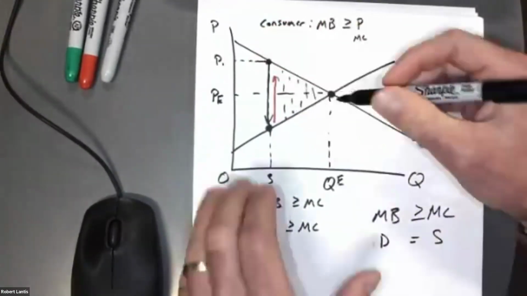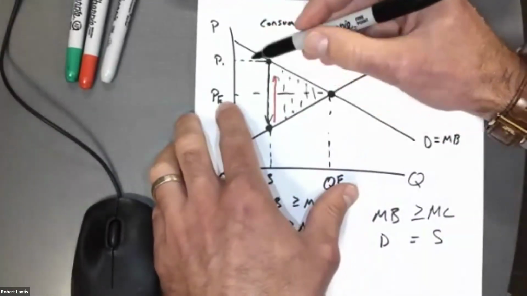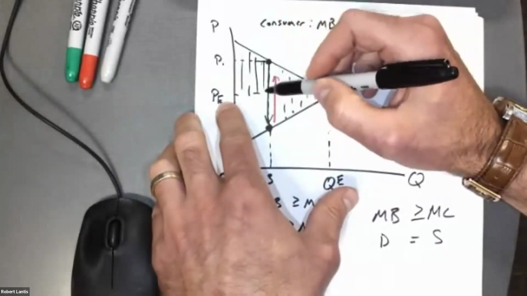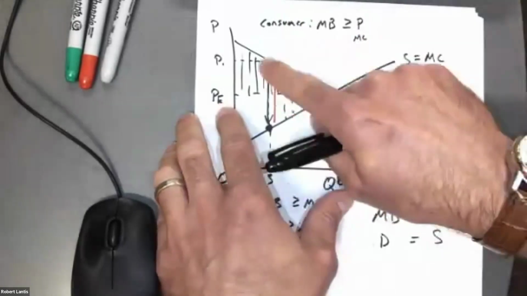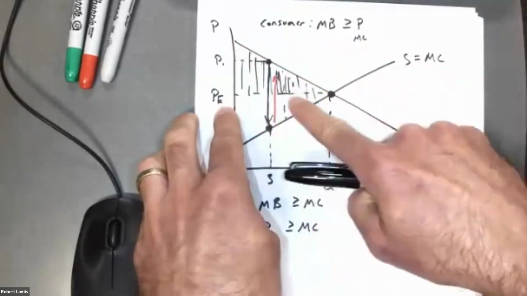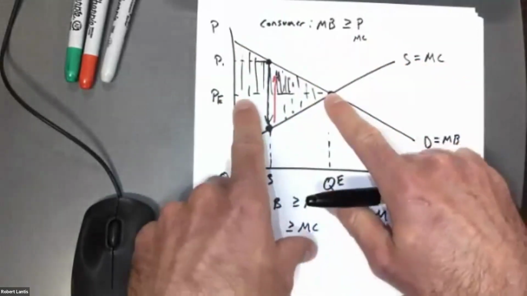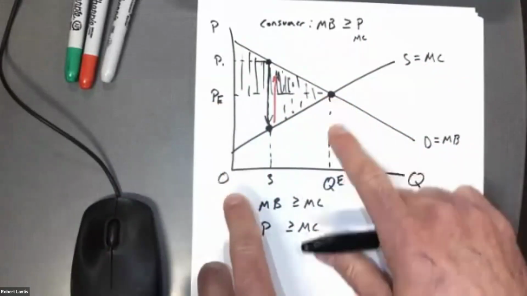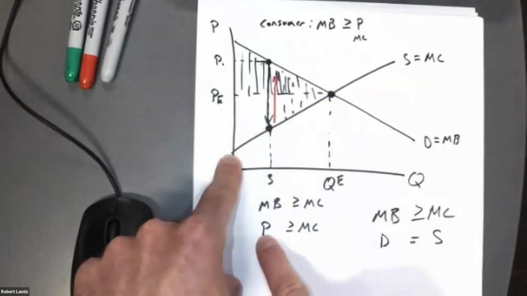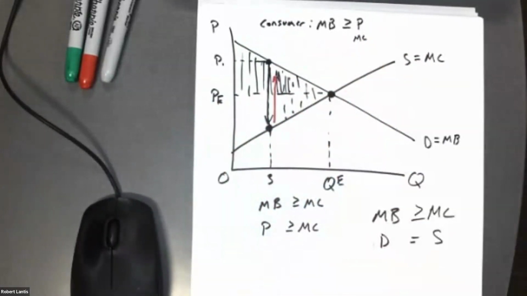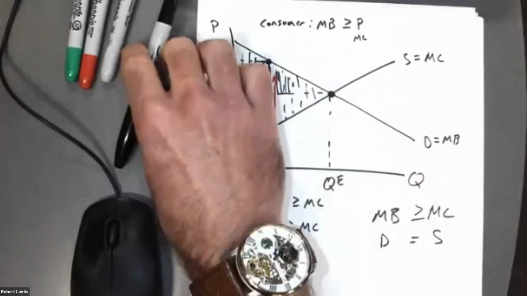Because for every unit sold, if this is the price, the consumer is having net benefits that are positive. Their marginal benefit is above their marginal cost. And for every unit in this range at this equilibrium price, every producer, the marginal benefit or the price to them is above their marginal cost for all those units.